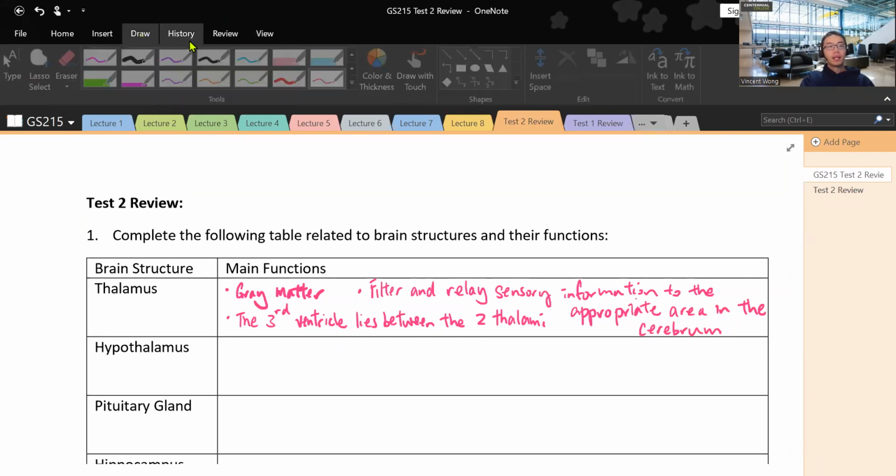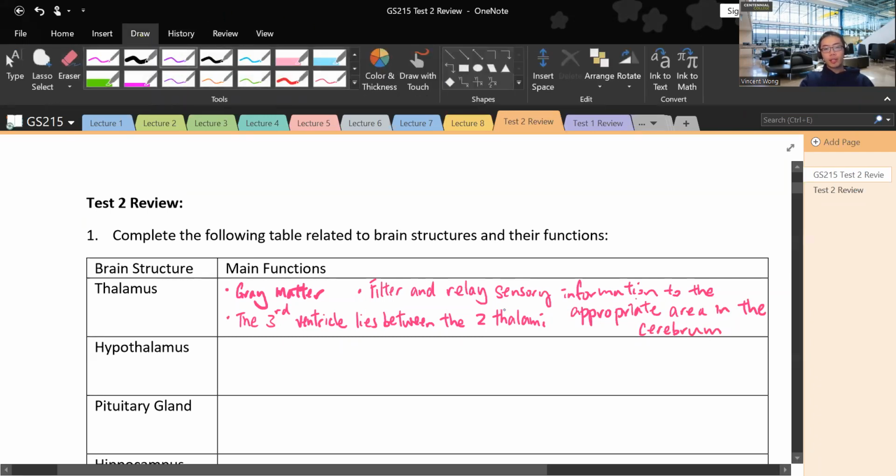Of course, you probably hear me say this quite often: the sensory information excludes smell. Everything else goes through the thalamus, but not smell.